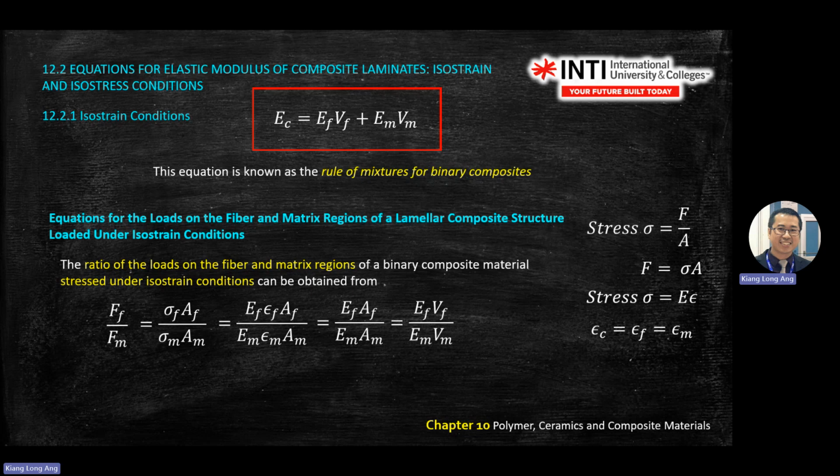By using the transformation of all these definitions, stress equal to force divided by area, so force equal to stress times area, and then you further extend with Hooke's law, stress equal to modulus Young times strain. Then because this is isostrain, meaning the same deformation, you can cancel the fiber strain divided by the matrix strain. This one cancels, and you arrive at this equation.